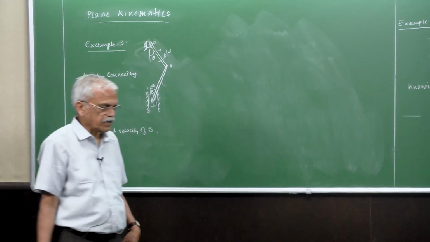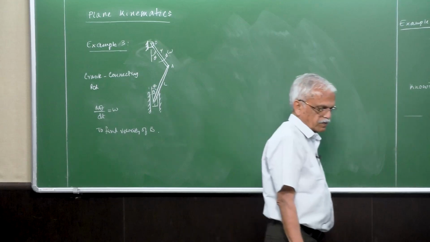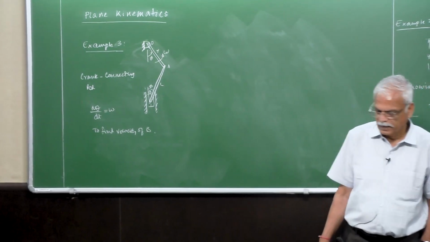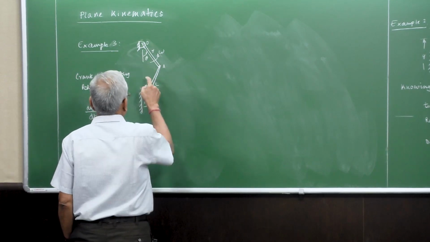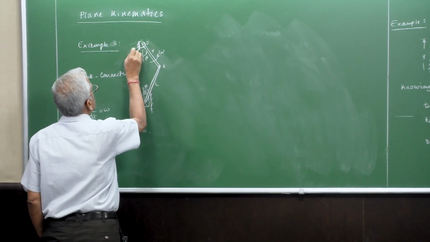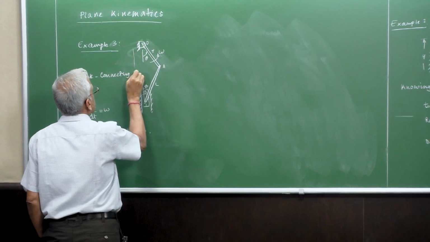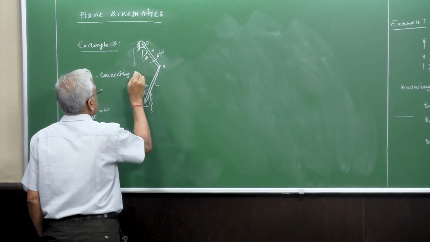Okay, so what we have here is that you can very well see B is moving up and down here, so you can call this distance x.